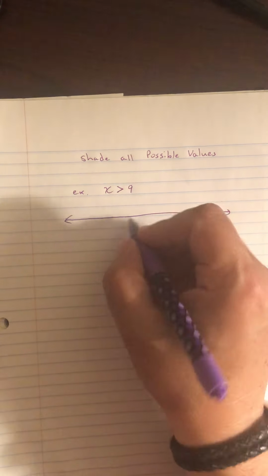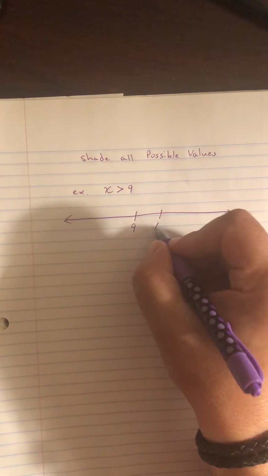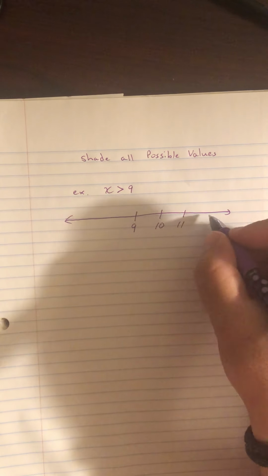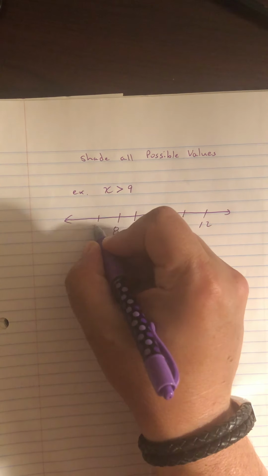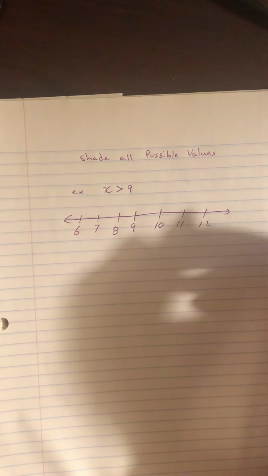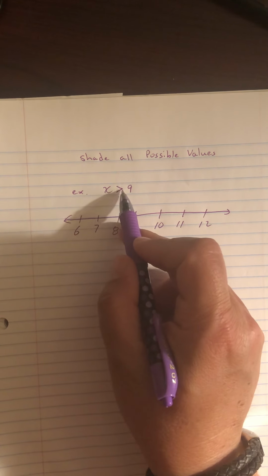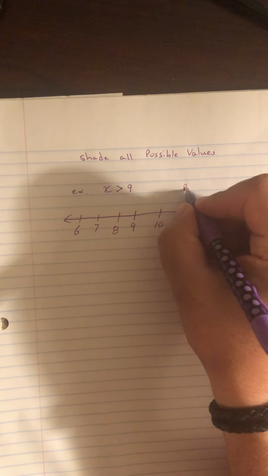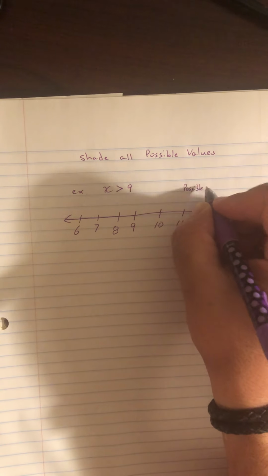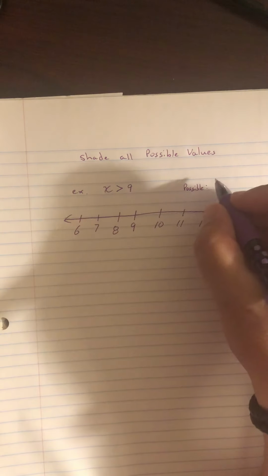If I'm dealing with 9, I generally will try to put 9 in the middle. Okay, whatever number I'm dealing with, I put in the middle. Now I know that after 9 comes 10, and 11, and 12. And before it comes 8, and 7, and 6. Now this says X is anything that is greater than 9. So again, I can use this little note-taking to help myself see where I should be shading things in.